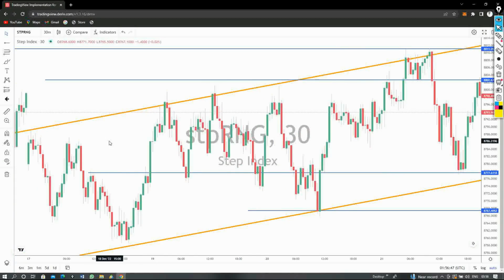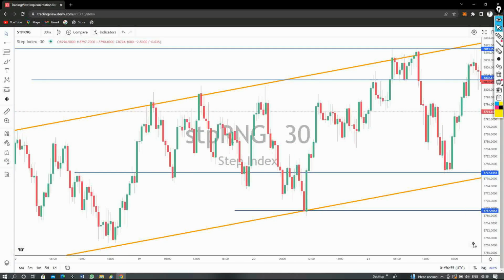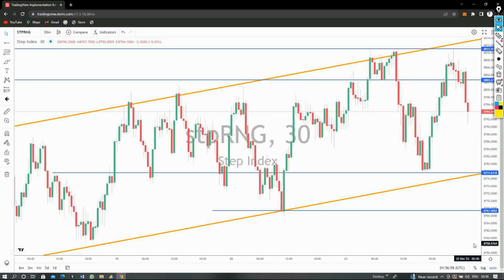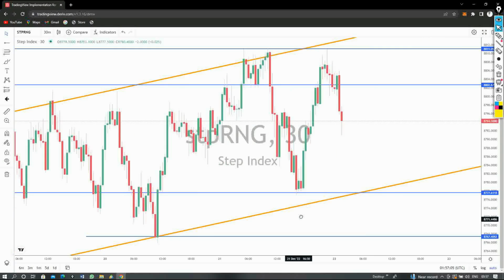So price action is all about looking at previous movements and trying to predict what's going to happen next. So that's how I looked at it, and that's how I identified that this would be a sell and this would be my take profit.